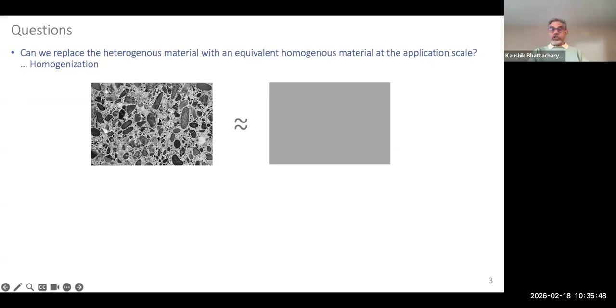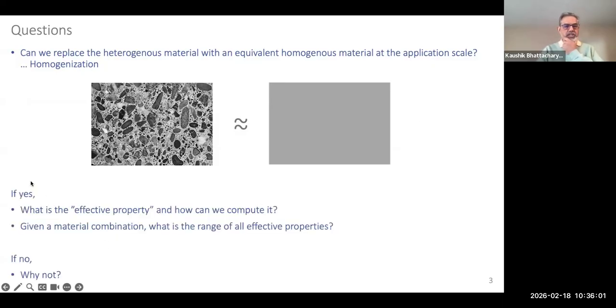And so the question that I'm interested in asking is whether I can replace this heterogeneous material with a homogeneous material. So what I'll try to cover is ask if the answer to this question, whether we can replace the material with an equivalent homogeneous material, is yes.